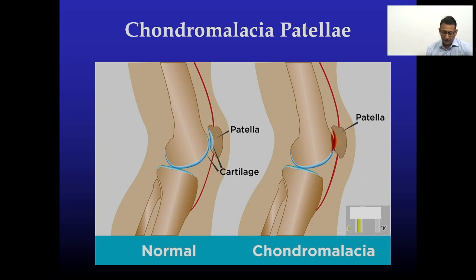What is chondromalacia patellae? It is basically a disease of teenagers where the cartilage under the patella becomes soft. Whenever the patient tries to bend the knee, there will be compression between the cartilage on the patella and the femoral condyle. The already softened cartilage will be compressed and that will lead to pain.